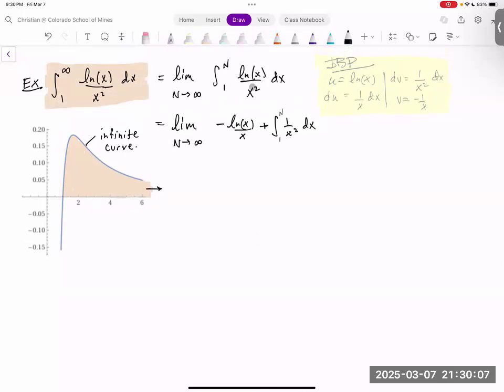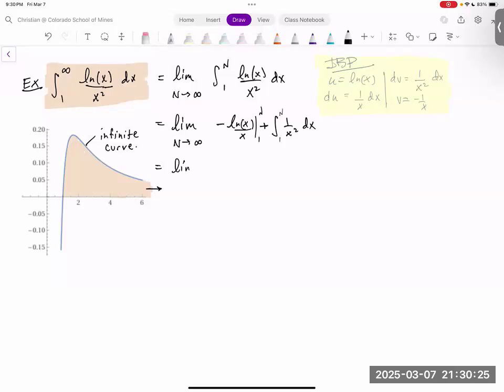We'd set up our limit like we have here. This antiderivative is going to be handled with integration by parts. I have that substitution over here. I picked u to be ln x and dv to be 1 over x squared. So if we kept going, this would be from 1 to n also.